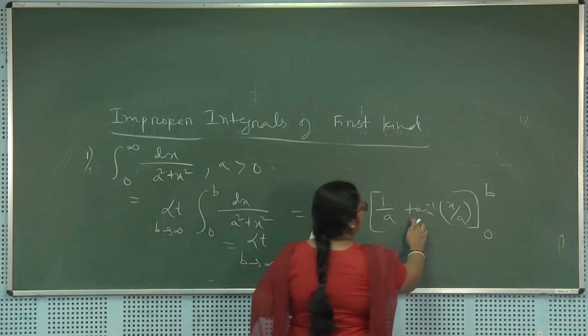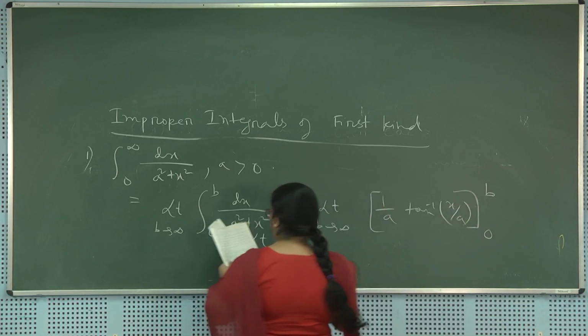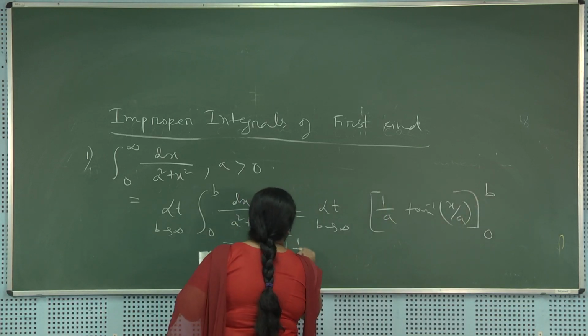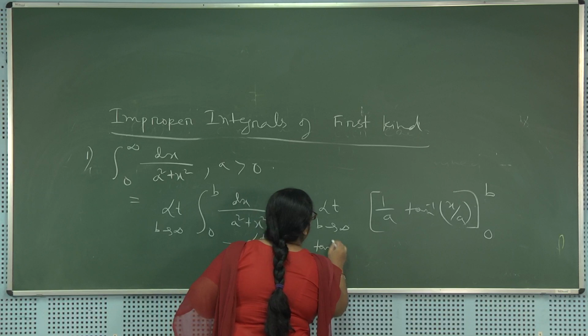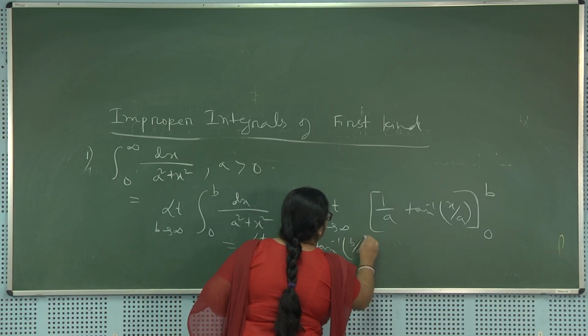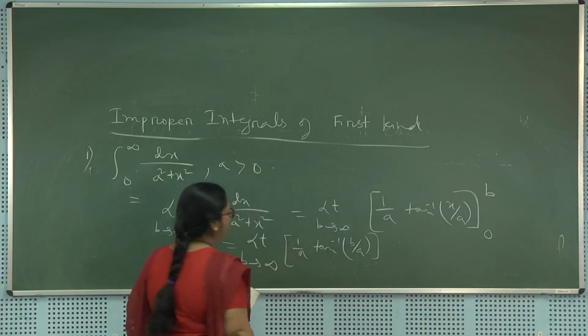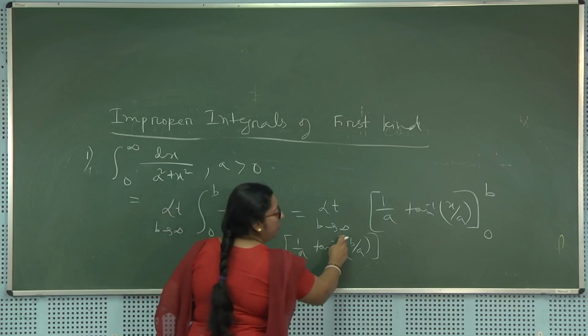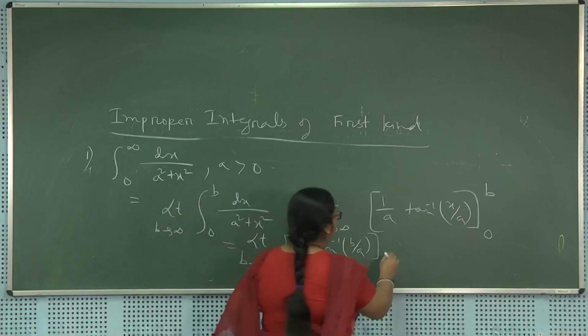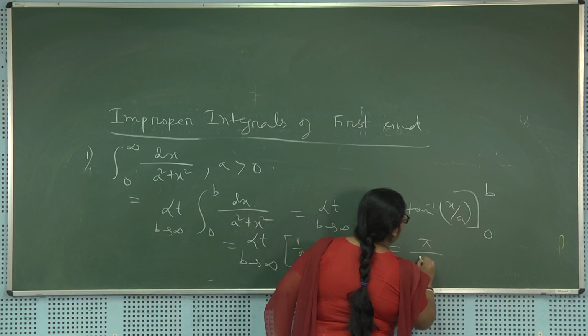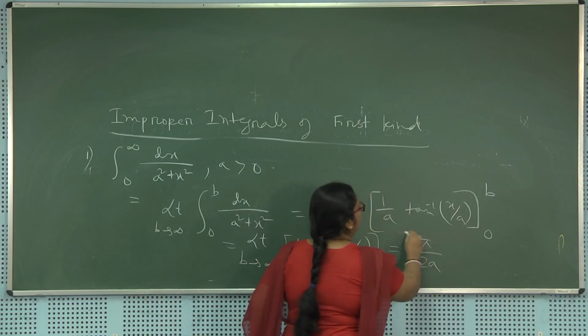Tan inverse of 0 is 0, and this is 1 upon a tan inverse of b upon a. Okay, now we put the limit. So, it is tan inverse of infinity, and that is pi by 2. So, your answer is pi upon twice a. So, this is the answer.